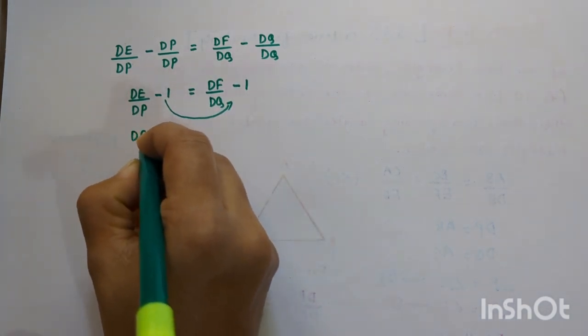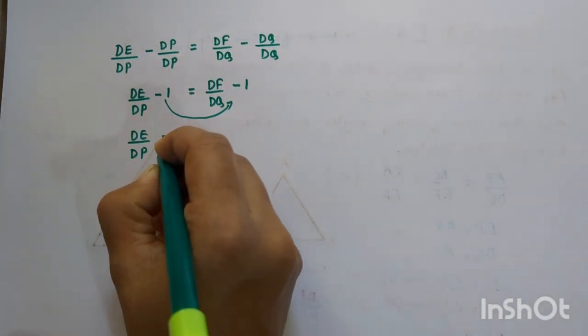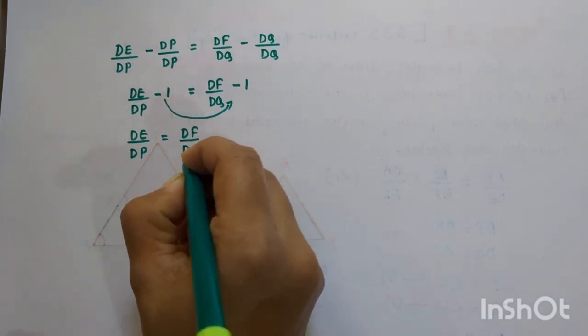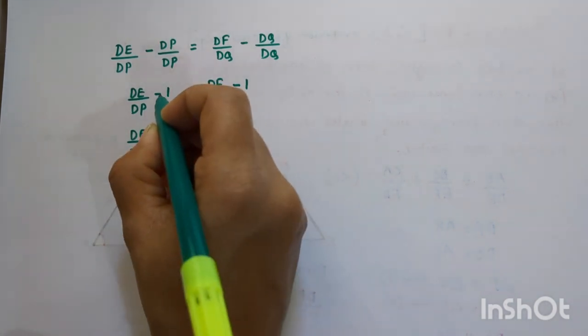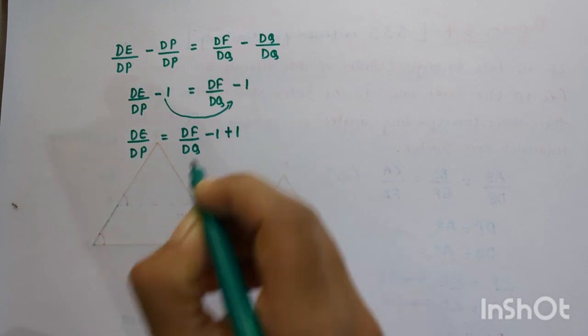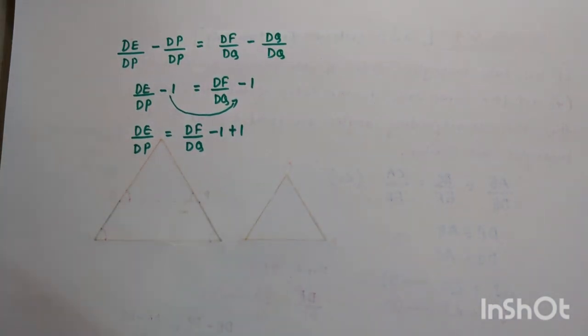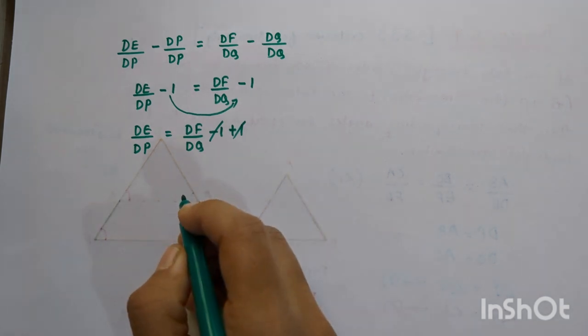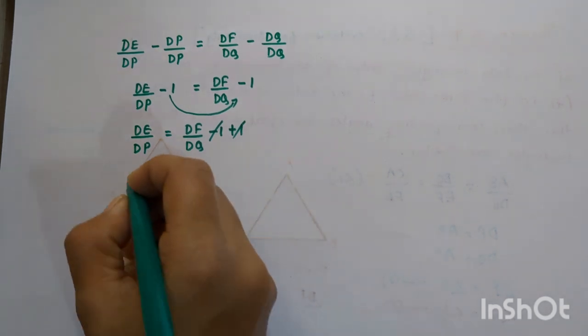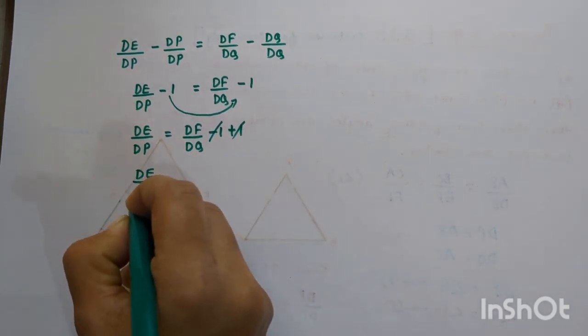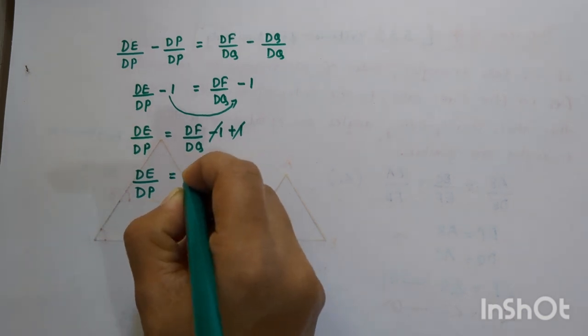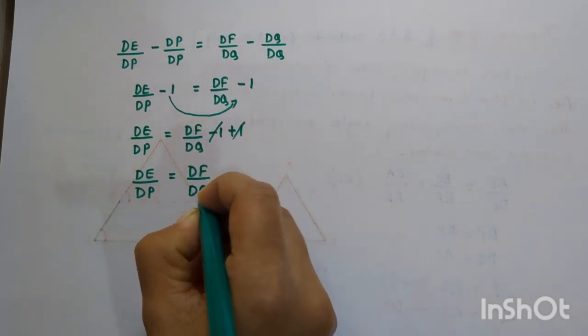So we can write dE divided by dP is equal to dF divided by dQ minus 1. When this minus 1 is taken to this side, it becomes plus 1. Now minus 1 plus 1 is equal to 0, no? These two get cancelled out. So we can write dE divided by dP is equal to dF divided by dQ.